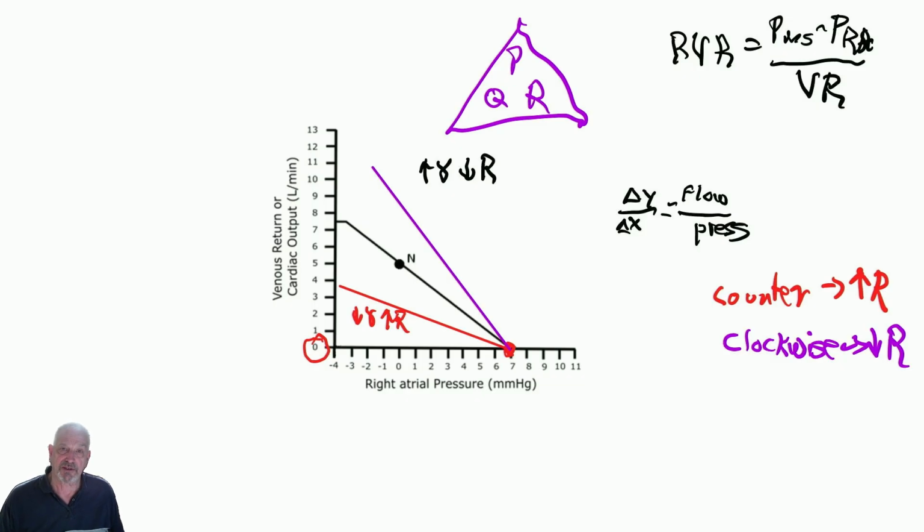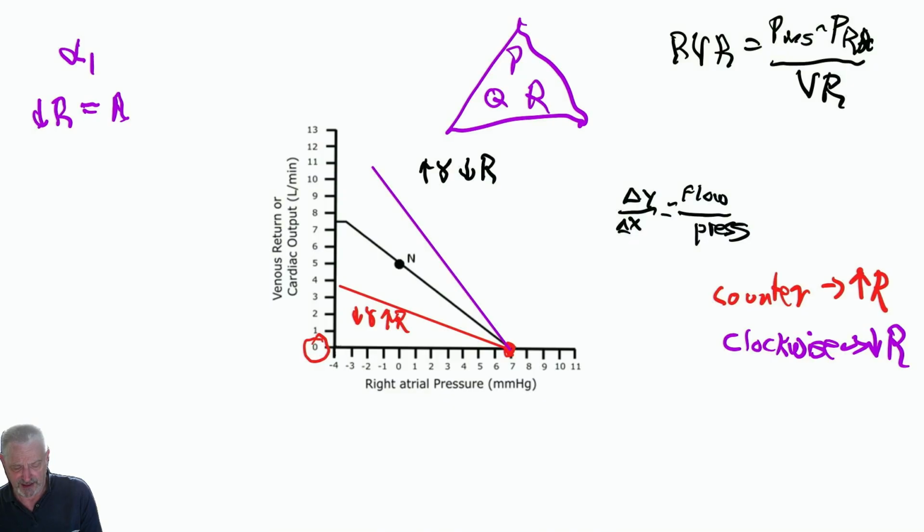What are some of the things that are going to change resistance? Again, think about the arteriolar side. Alpha 1 activation causes an increase in resistance, for example. So sympathetic tone to the arterioles will increase resistance. You can get a decrease in resistance if you have an AV, an arterial-venous fistula, because that is adding another pathway in parallel.